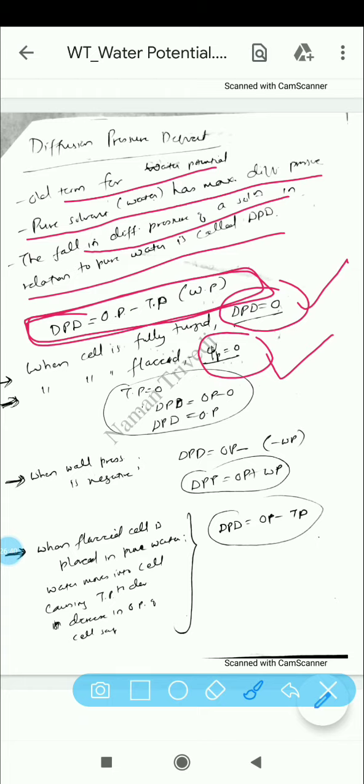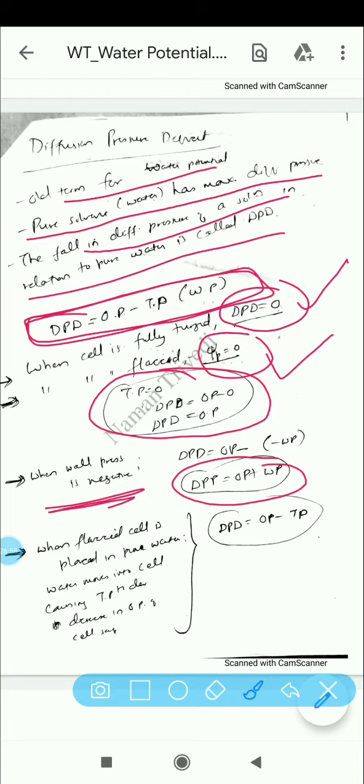They may ask you to calculate this DPD. If turgor pressure is 0, then DPD equals OP minus 0, so DPD equals osmotic pressure. When the wall pressure is negative, then DPD is equal to OP minus WP, so you put the value of minus WP in place of turgor pressure.